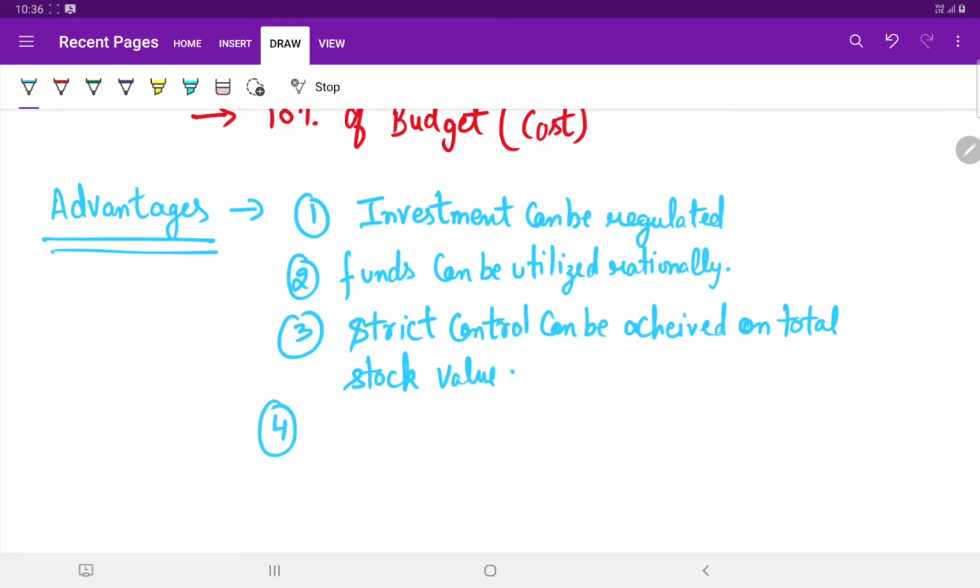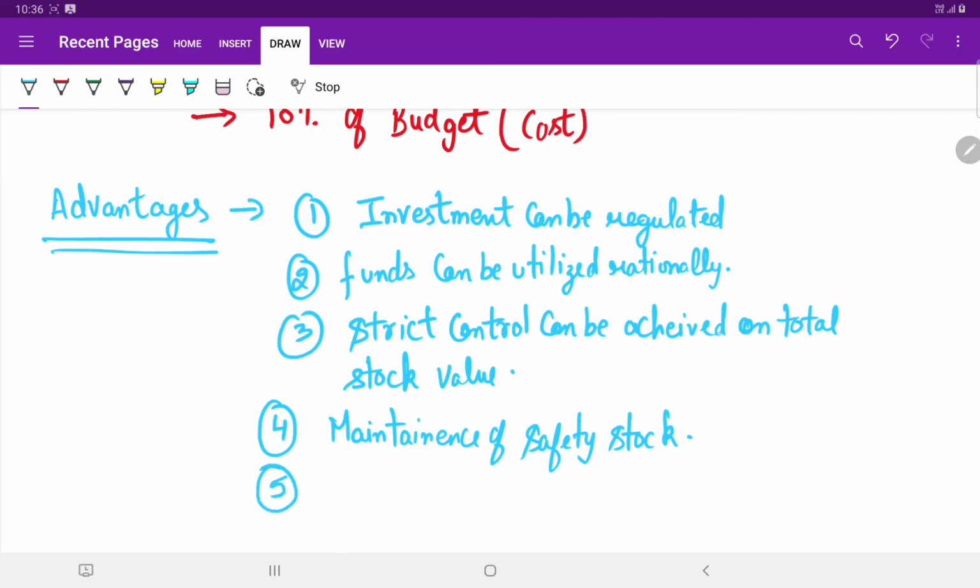Number 4, it helps in maintaining enough safety stock for C category of items. So it helps in maintenance of safety stock.